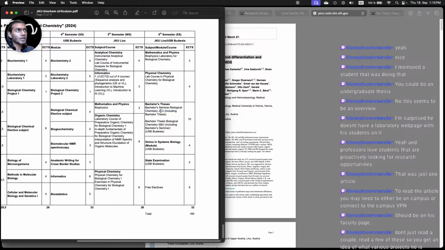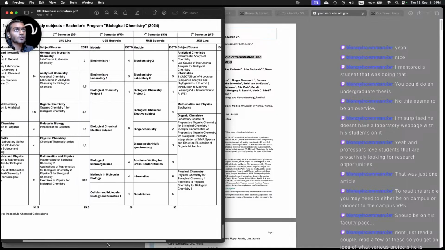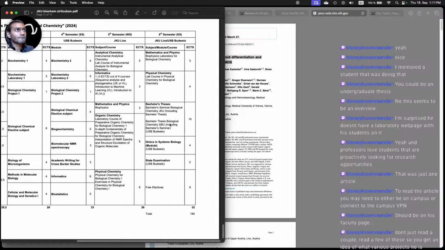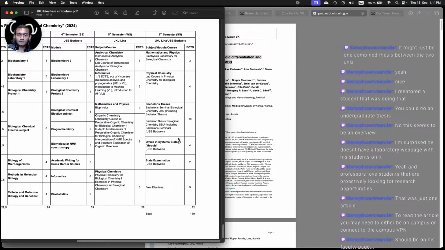One is in JKU, that's here, and the other is in the university in Czech Republic, where I'm gonna be doing my third and fourth semester. Yeah, it could be one combined thesis between two unis. Yeah, I think that's how it is.